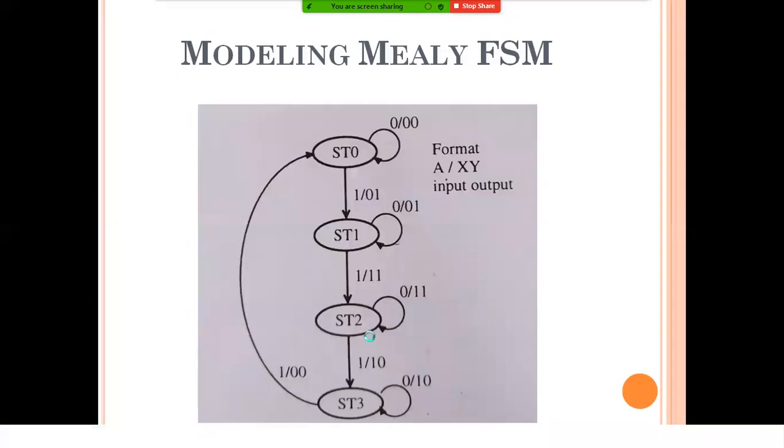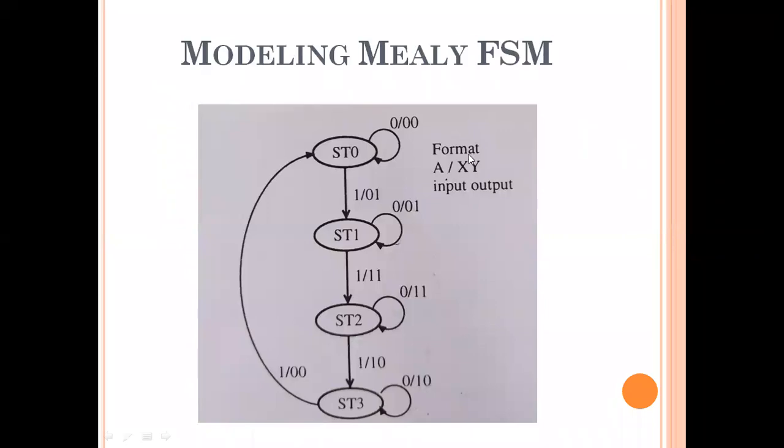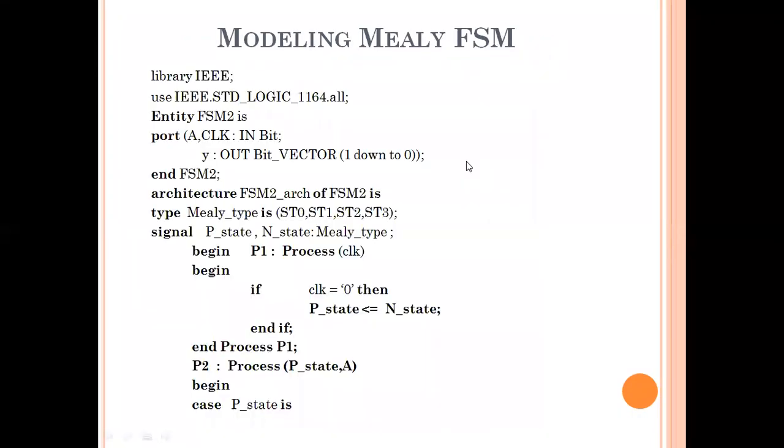We consider library IEEE and use IEEE.std_logic_1164.all. Then we define the entity, and the name of the entity is FSM2. In the entity we declare the input and output signals. A is the input signal, and Y is the output signal.